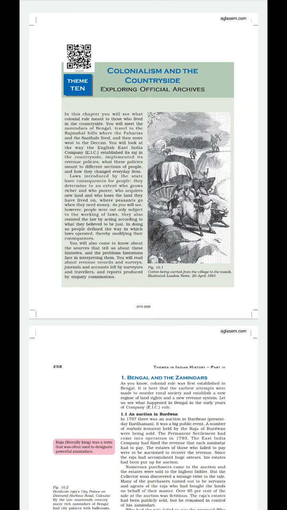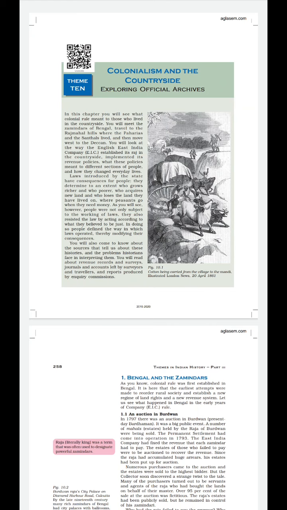Now, by the term colonialism, what do you mean? It is a practice of domination which involves the subjugation of one people by another. That is, a powerful country attacks a weaker country and gets victory over it, and after that they start to rule that country, which we call colonial rule.